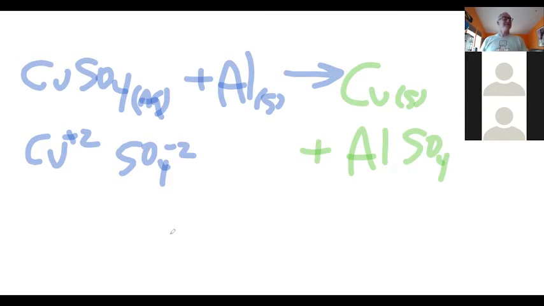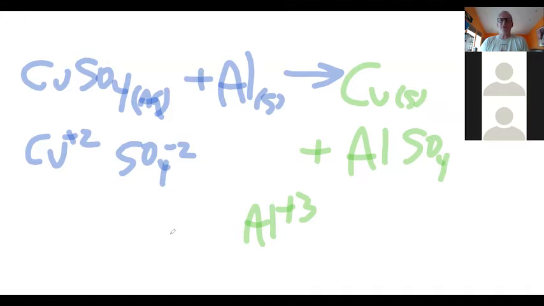There you go. When we look for aluminum, aluminum is right there. It's in group 3, basically, and it's not a transition metal. So aluminum always has a +3 charge when it becomes a cation. Always, always, always. It's never anything else.